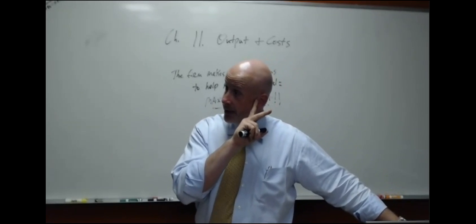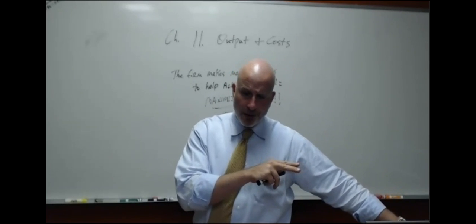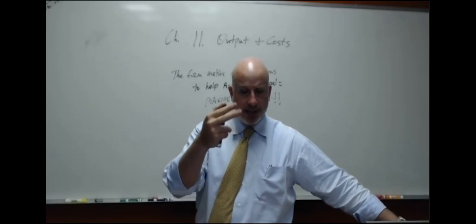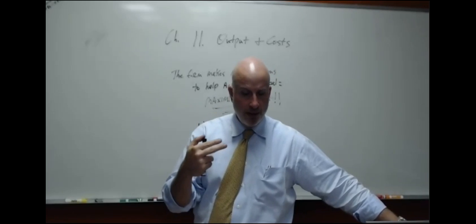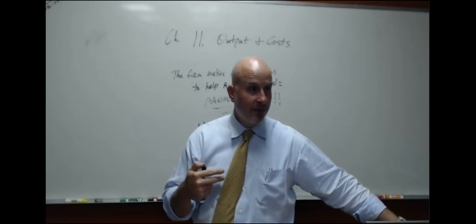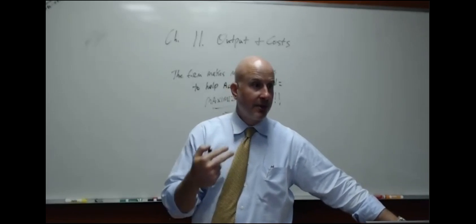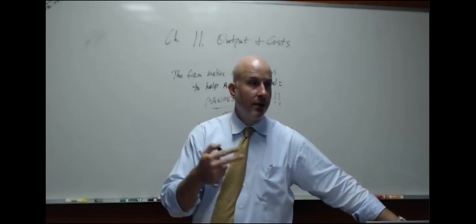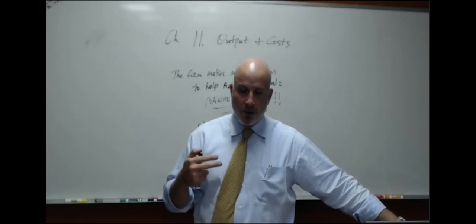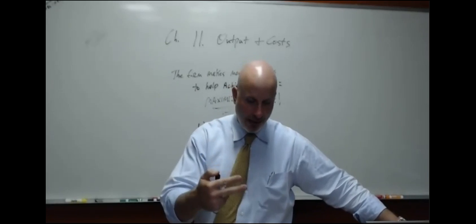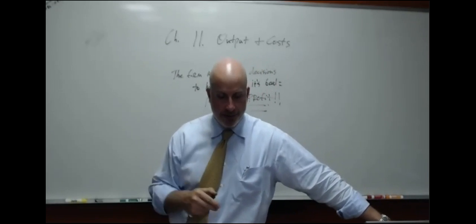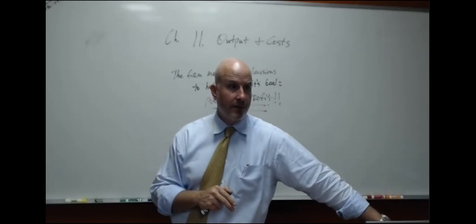Now let me stress here. Earlier we talked about opportunity costs and how that separated accounting profit from economic profit. Two important economic principles are being presented to you. Chapter 10 was opportunity costs. Chapter 11, sunk cost. What I think you can take from this class forward and apply even outside of economics are these two principles.